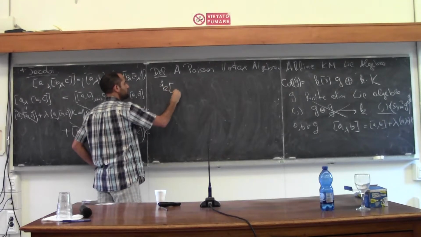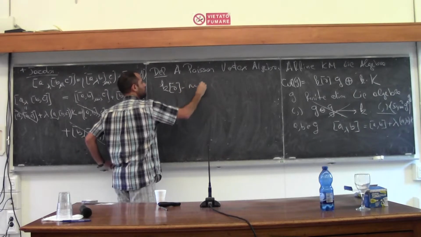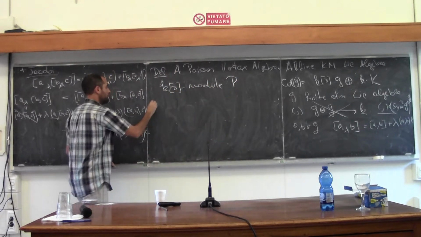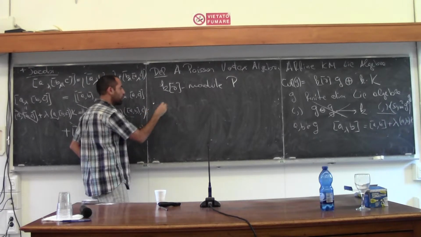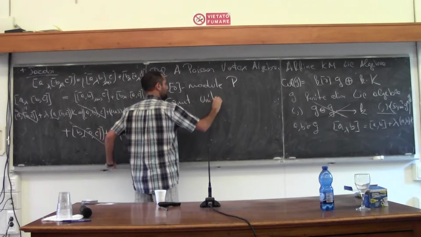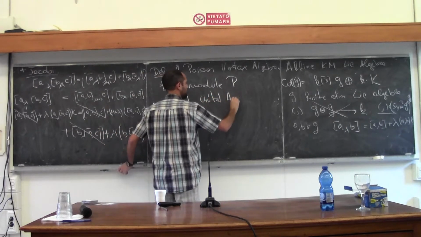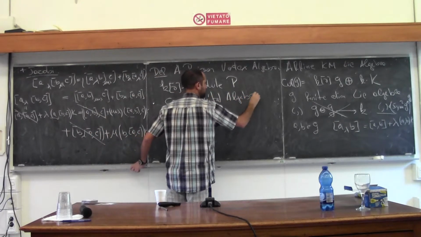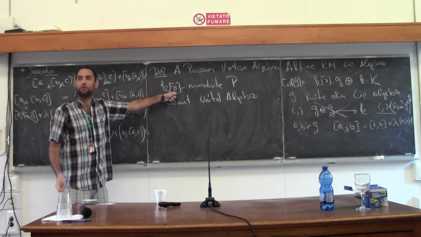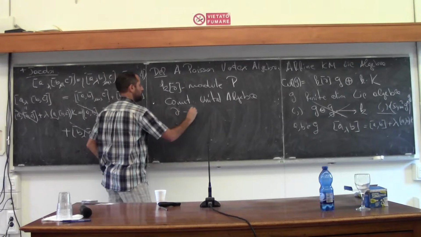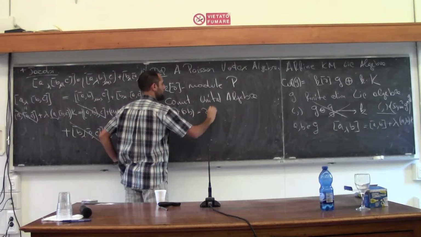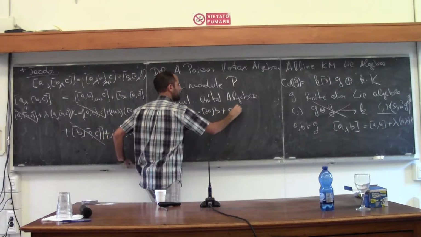It's a K of del modulo P. One, this has an operation that is a commutative unital algebra. Del should be a derivation: del of AB is equal to del A B plus A del B.